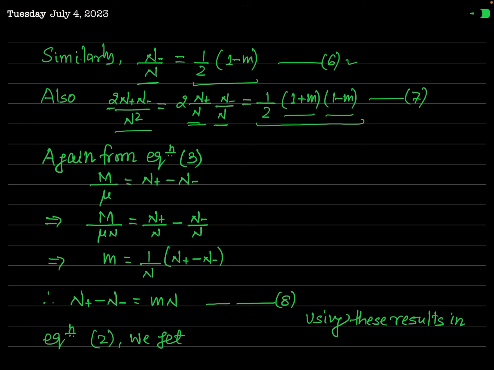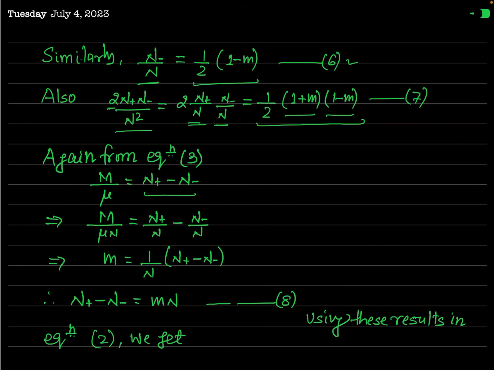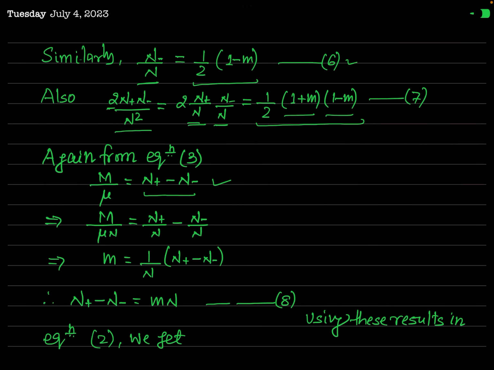Okay. Now, as I have told you, our aim is to find the value of n plus minus n minus, because this term exists in the last term of equation 2. So you can see equation number 3, and from this equation 3 we can say that n plus minus n minus will be simply m divided by mu. So I have written here that m by mu is equal to n plus minus n minus.